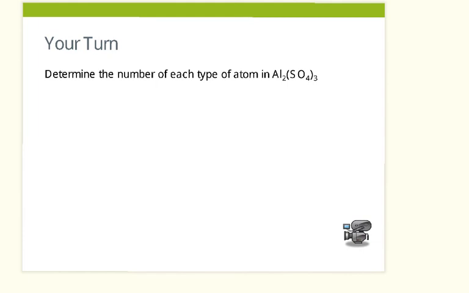So I know that I have 2 aluminums here, and I have to carry the 3 on the outside of the parentheses to the inside. So I have 3 sulfurs and carry this also in here as well. So 3 times 4 is 12. That's 12 oxygens.